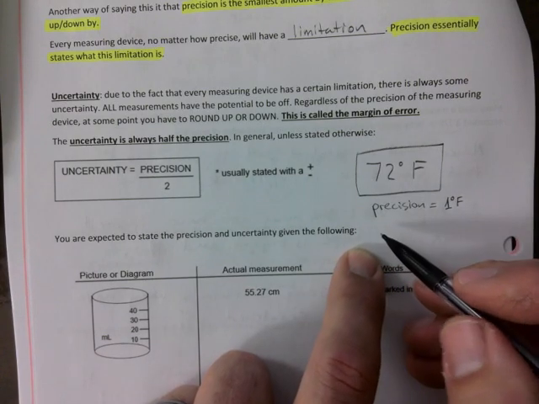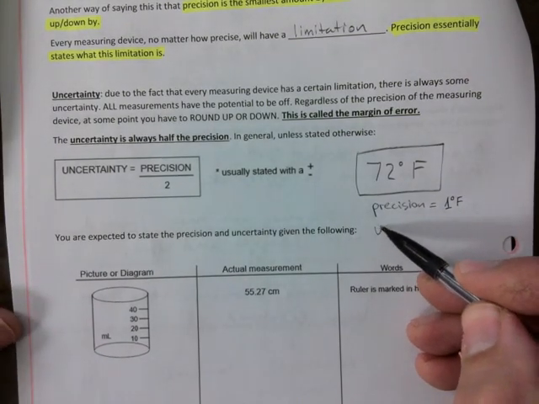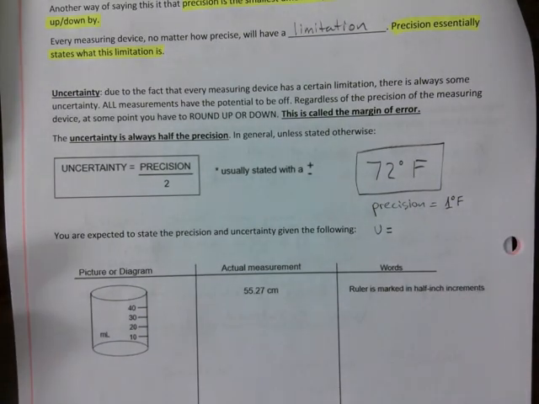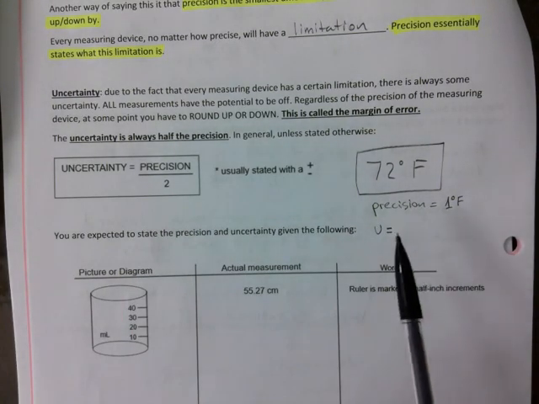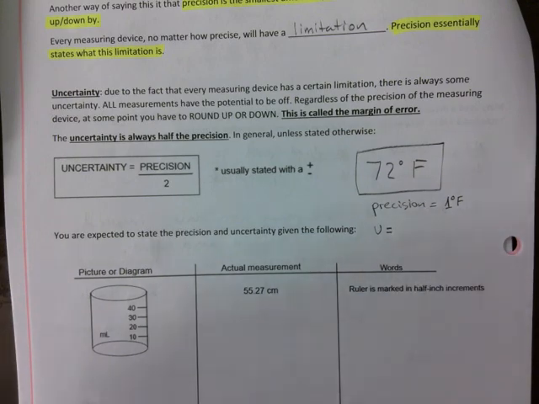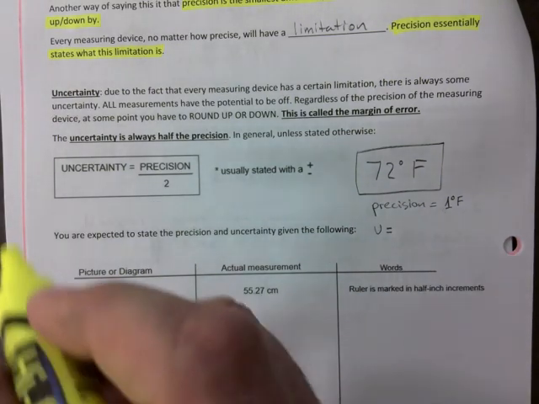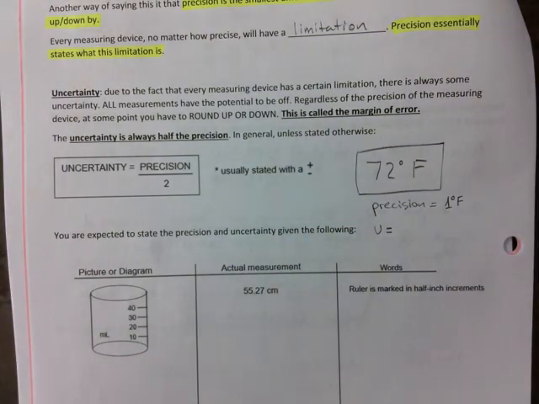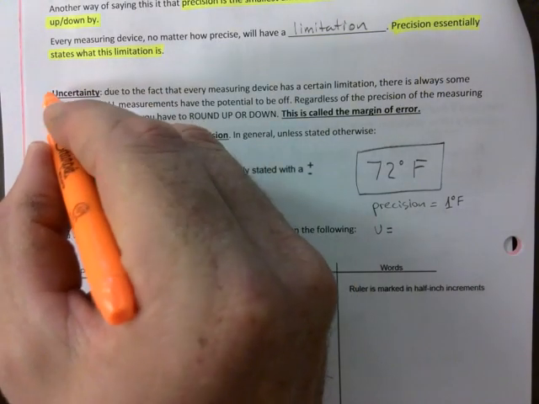And let's talk about uncertainty. I'm just going to put a U there. Let's talk about uncertainty and then we'll fill this in. We're not ready yet. I was kind of jumping too far here. I'm going to use a different highlighter for uncertainty because I don't want to mix them up. So here's your uncertainty.